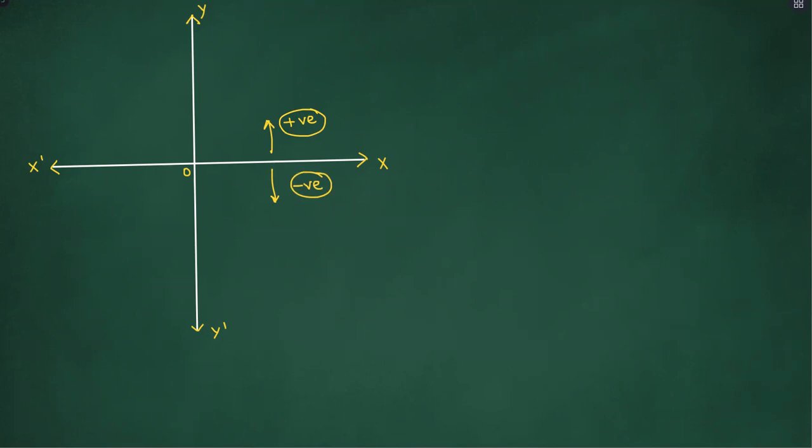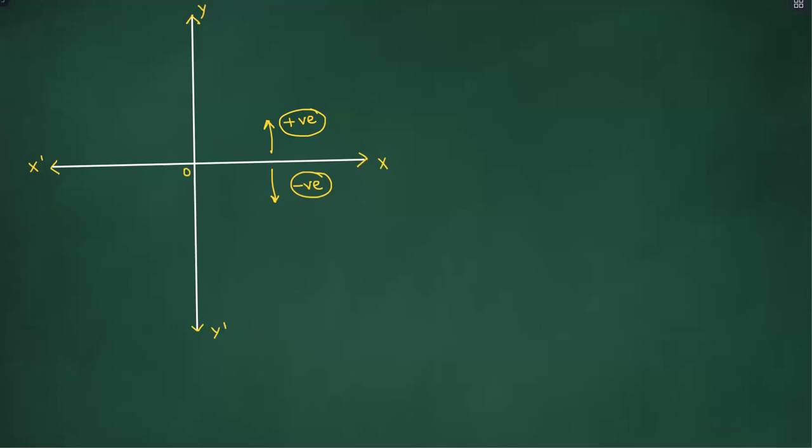You must have learned this in physics. Distances cannot be negative. However, to determine the position of it, whether something is lying above the x-axis or below the x-axis, as a convention we take anything above the x-axis as positive, and anything below the x-axis as negative.